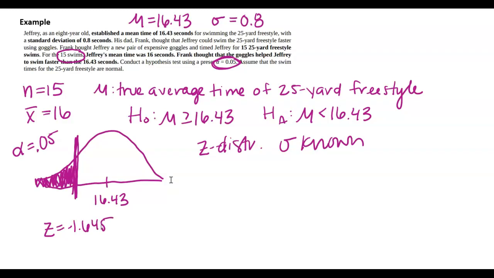All right, so I want to know, is 16, that sample mean, in this rejection region? Well, I need to find the Z-score for that sample mean, and I do that using the sampling distribution. That is very, very important that we still remember.